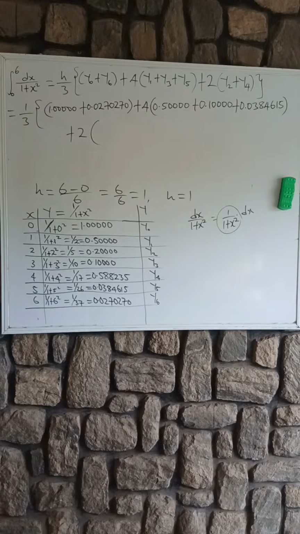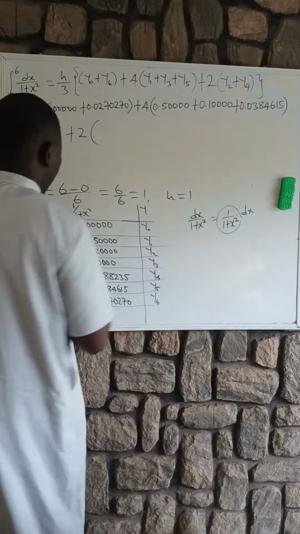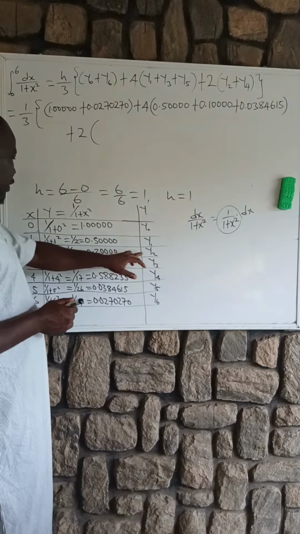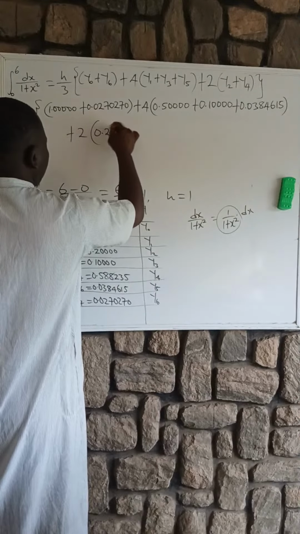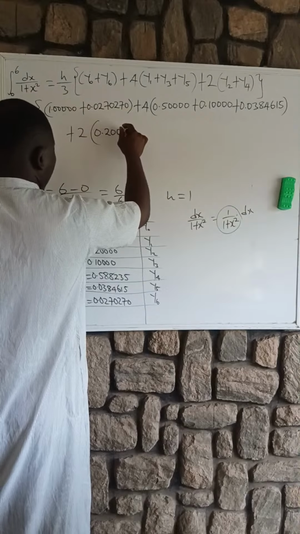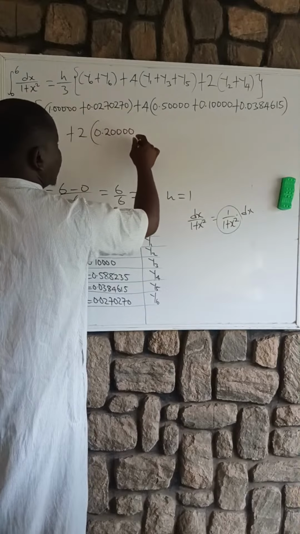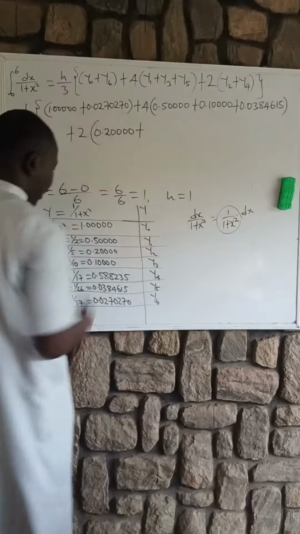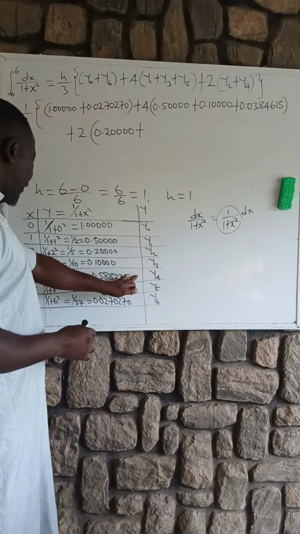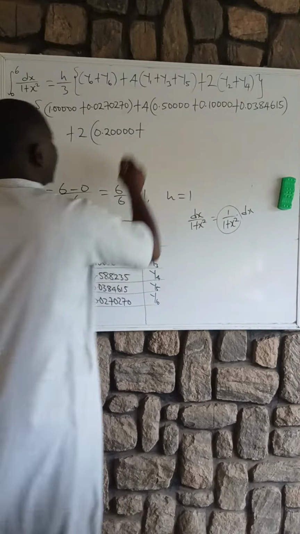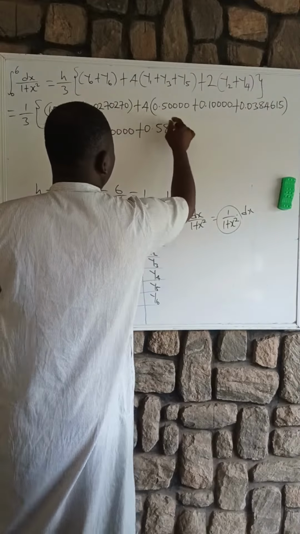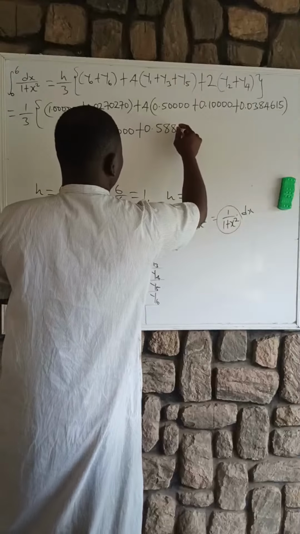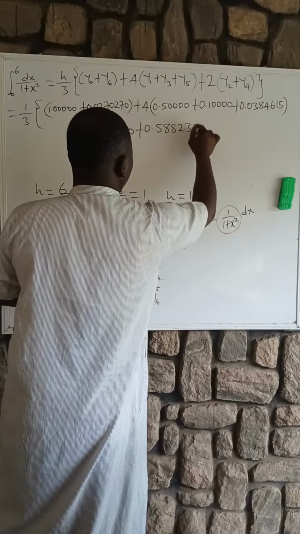Okay, so let's proceed. y2 is this, 0.20000, then plus y4 is 0.588235.